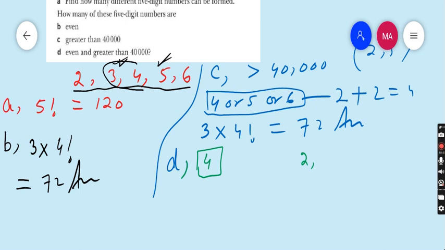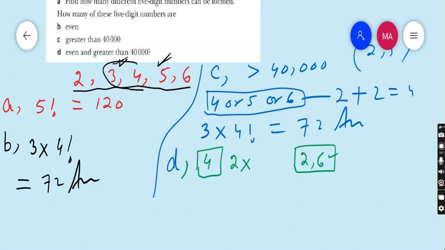So if we put 4 in first place, then last place must be 2 or 6, because we have to make the number greater than 40,000 and also even. So for last place we have two choices. So 2 multiplied by 4 is fixed.